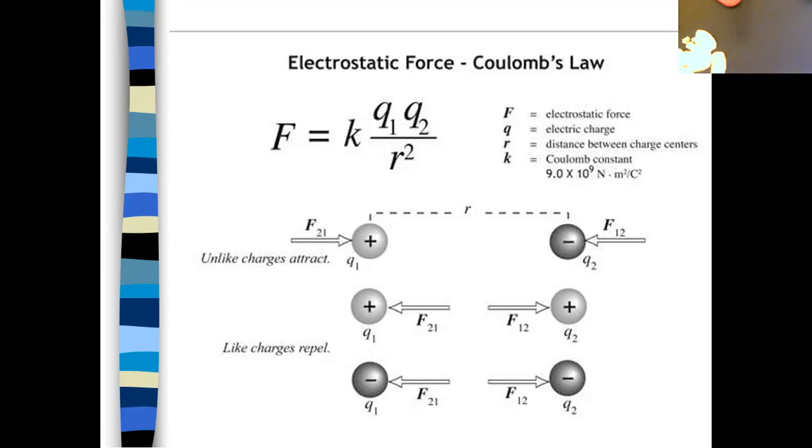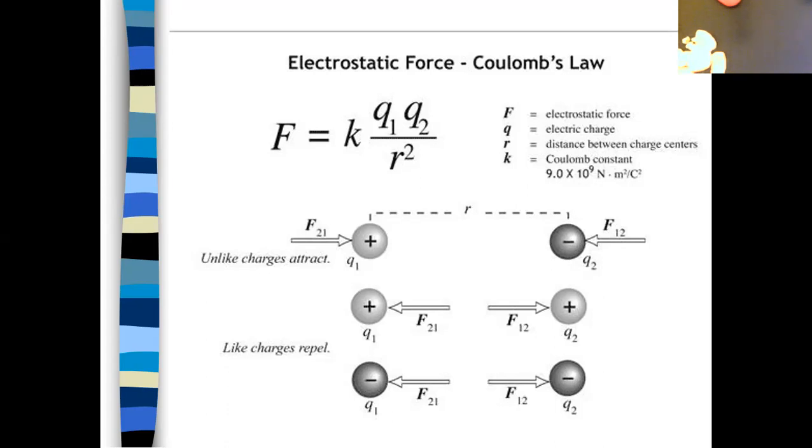So when you look at it that way, because it's an inverse square, distance is a more important factor than charge when it comes to the force, right? Doubling a charge will double the force. Doubling the distance will make the force 1/4 as big. So the distance has a bigger effect on the force.